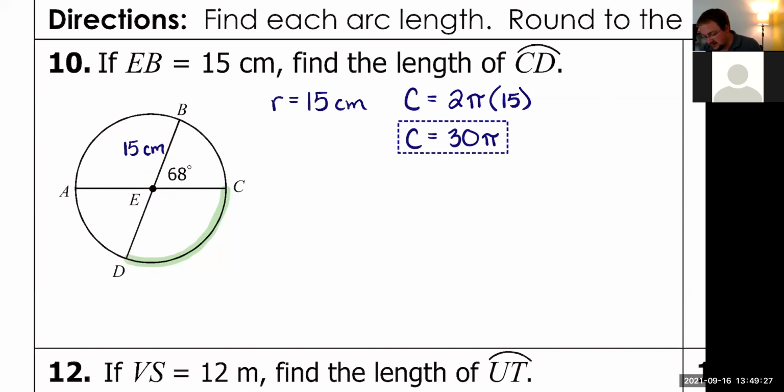DB is a diameter and therefore also a line. We have 68 degrees here. How could I find what's missing right here? Take 68 from 180. We get 112 degrees. That is the central angle, but also the degree measure of arc DC. So I could write next to this that X, which is the degree measure of that arc, is 112 degrees.